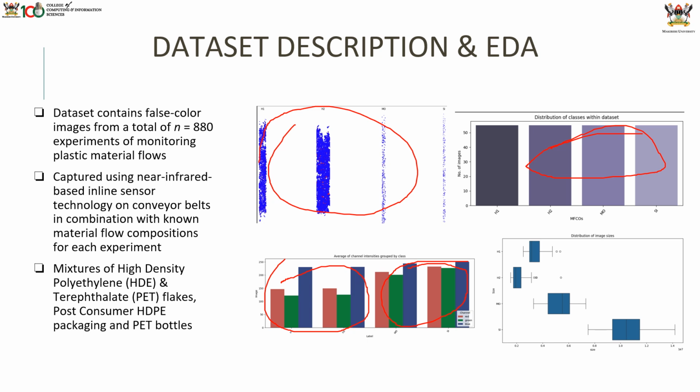We also looked at the size distribution, and we see some images are bigger than others. Since our model is based on a CNN architecture, we have to do some augmentation in terms of cropping so that we remove that variation as well.